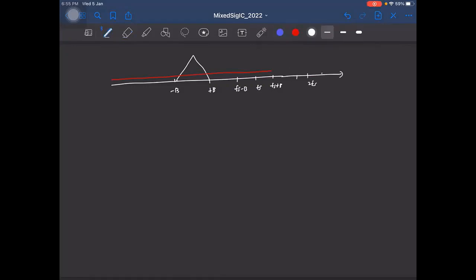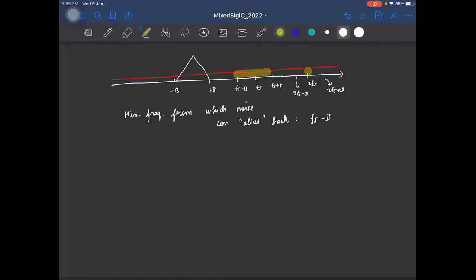So even from 2Fs, within this band, that is 2Fs minus B to 2Fs plus B, we'll have noise folding back. Okay, right? So the minimum frequency from which noise can alias back is Fs minus B, right? So this is the band of frequencies.